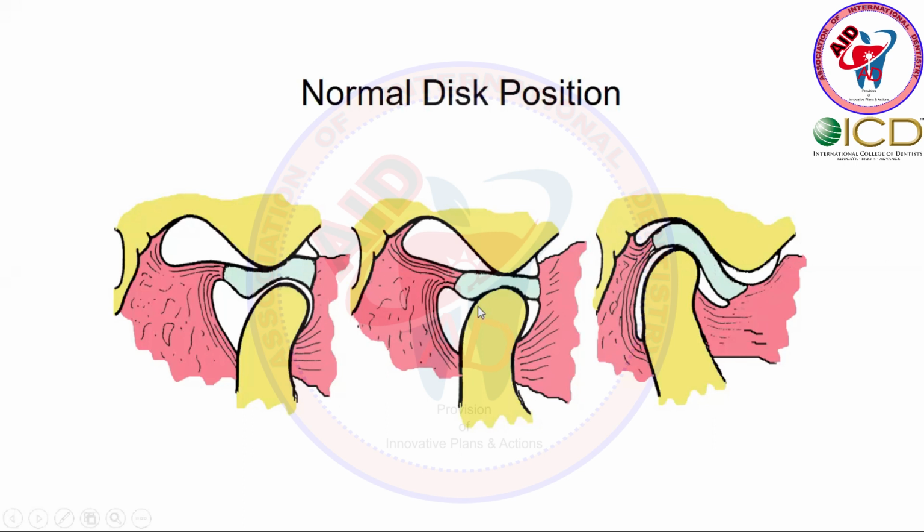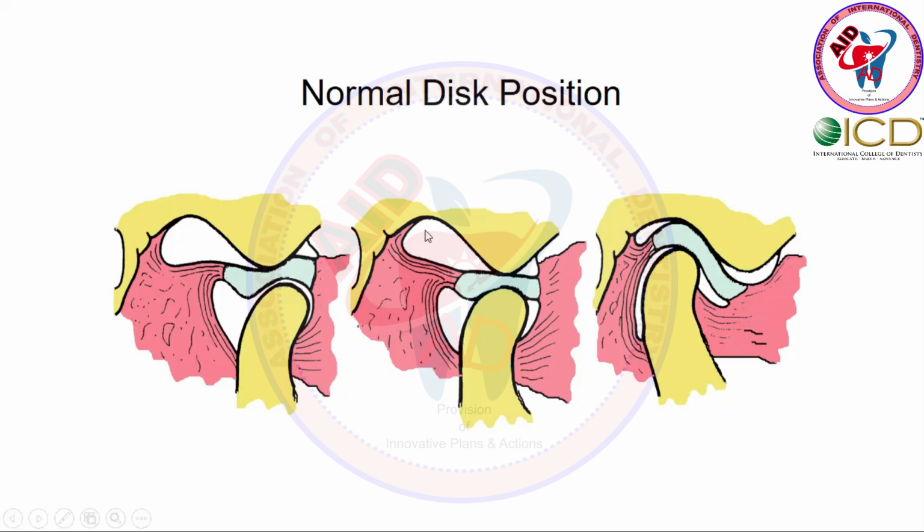When the mouth opens, the disc takes the condyle up to the eminence of the zygomatic arch tubercle, and up to this level the disc is moving.